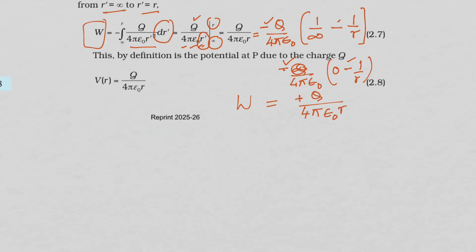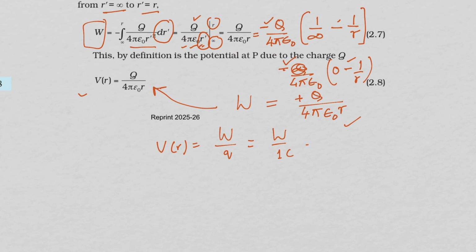But what you see, the potential is also the same. But keep in mind the units of work done is different and that of the potential is different. But potential at R, what is that? It is actually work done by the test charge. And what is the test charge here? Just 1 coulomb. So divided by 1.